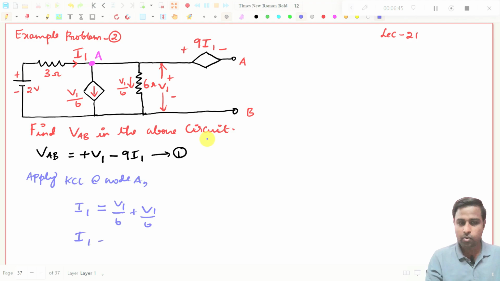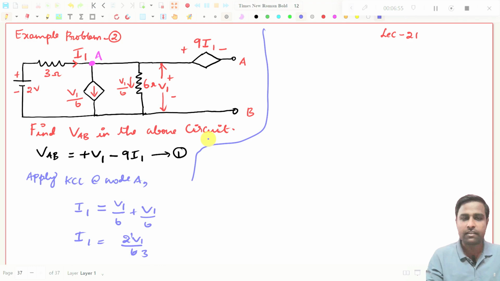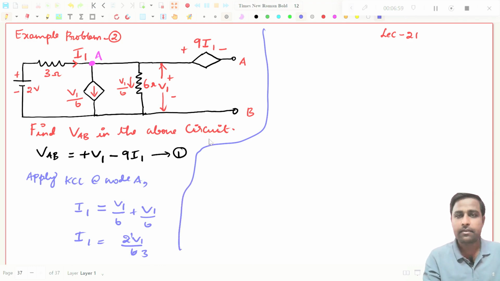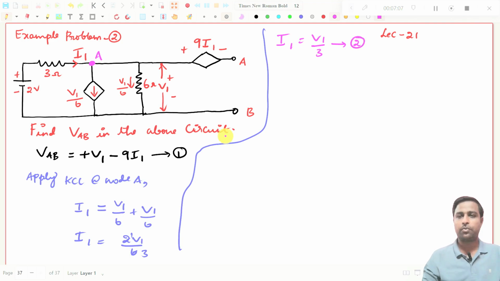So I1 will be equal to 2V1 by 6. So this can be 3 times, this can be 1 time. And what is the final answer we will get? I1 will be equal to V1 by 3. I am marking this as equation number 2. We have written the combination of I1 and V1 now.